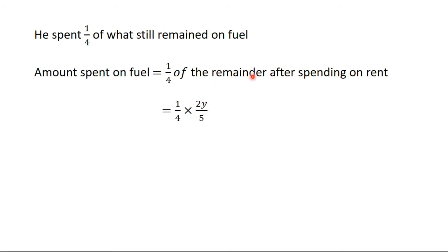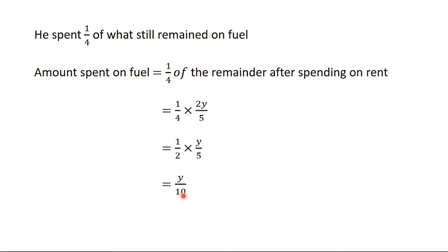We know that the remainder after spending on rent is 2y/5. So the amount spent on fuel is 1/4 of 2y/5. The 2 will cancel itself once and cancel the 4 two times. So we have 1/2 times 2y/5, and this will give us y/10.